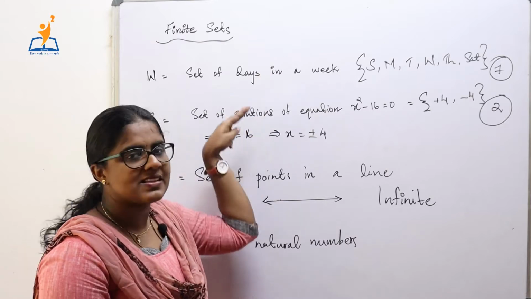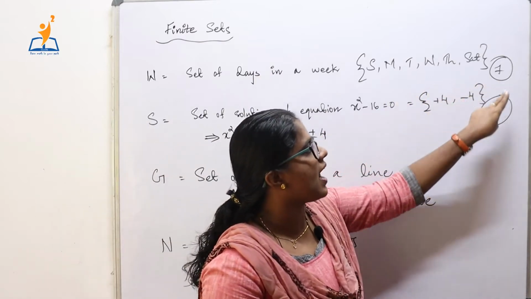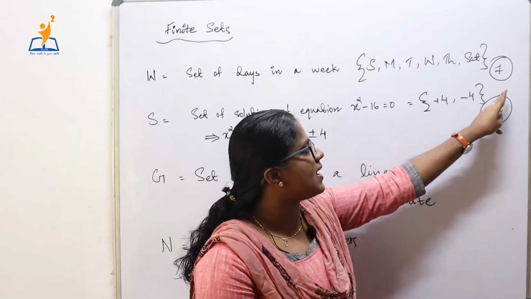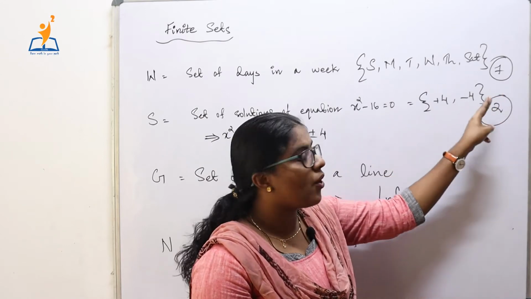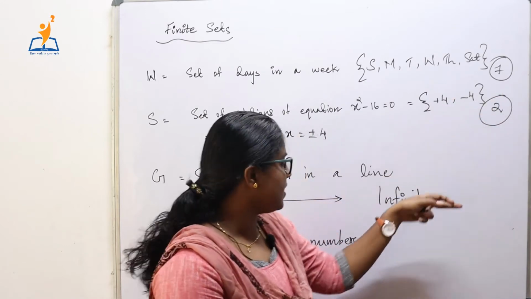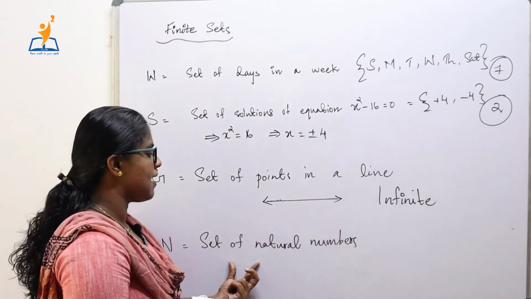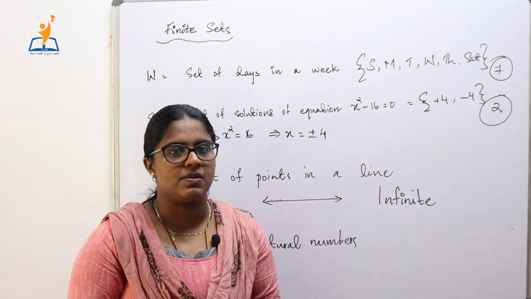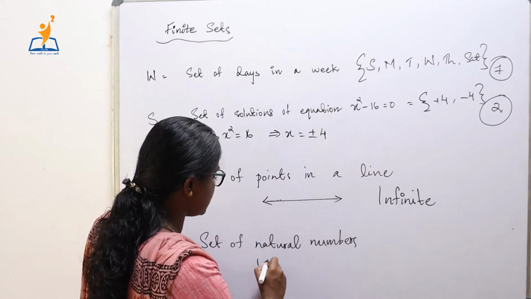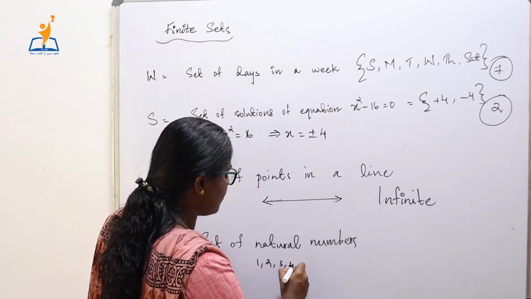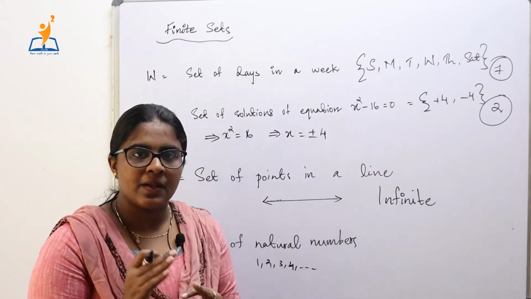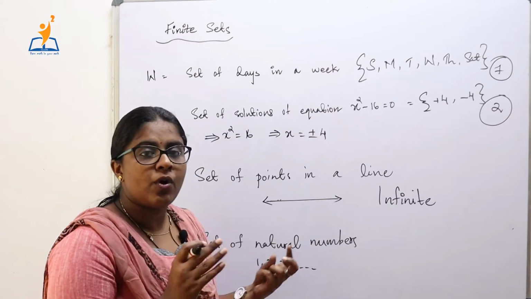Both of these sets are finite sets because the cardinality or the number of elements is finite, or it is a definite number. Now, moving on to the fourth example, the set of natural numbers. We know that the natural numbers are 1, 2, 3, 4 and it goes on like that.